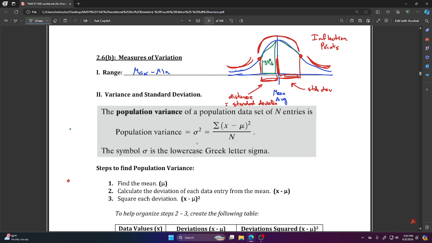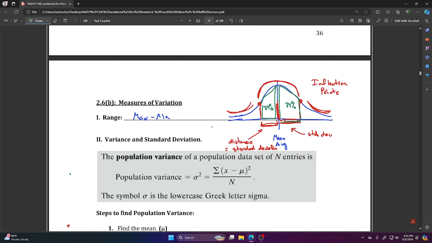And the same thing with this, inside of this zone is another 34%. Therefore, from both of them together, you get 68% of all data, all population, all stuff.